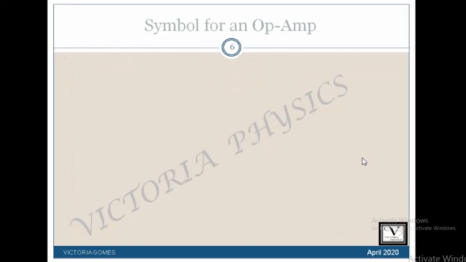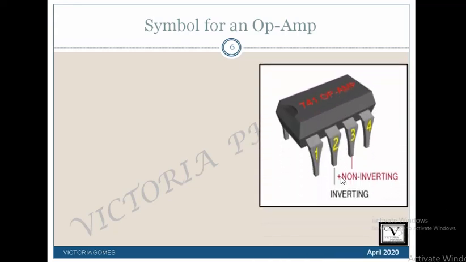Let us learn about the symbols of an op-amp and how they appear. At present, a variety of op-amps are available, almost all in IC form, and are sold at relatively low price. An IC is a complete functional block with external pins.